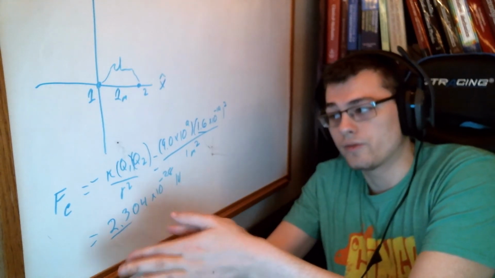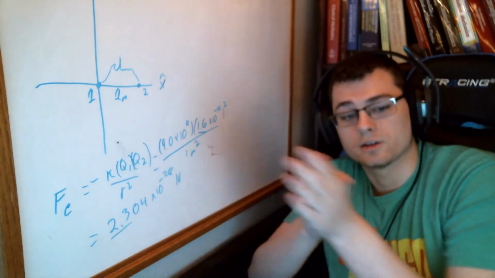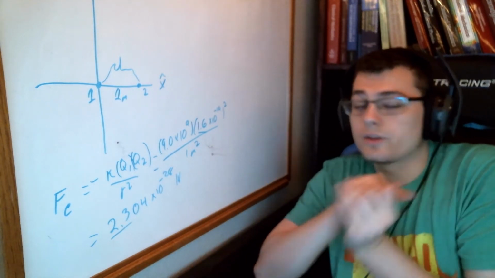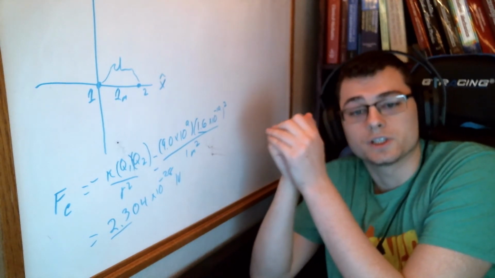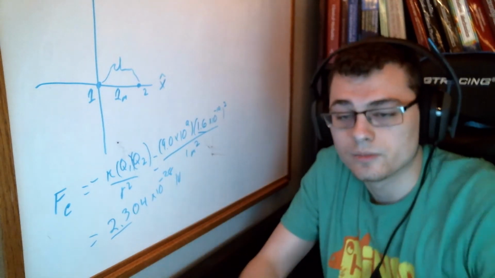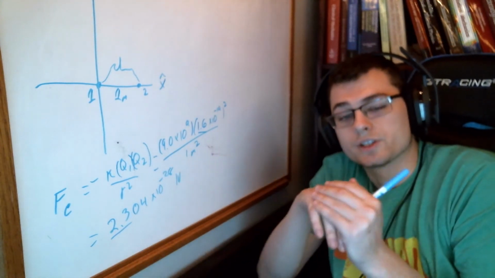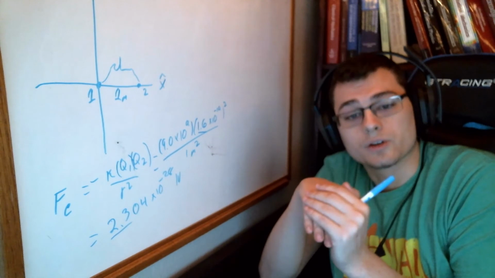That principle still applies here in electrostatics. If we were to add another charge, it would direct the force in a different direction. And this is where having positive and negative charges comes in and can be very tricky.